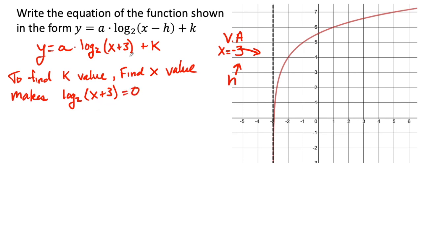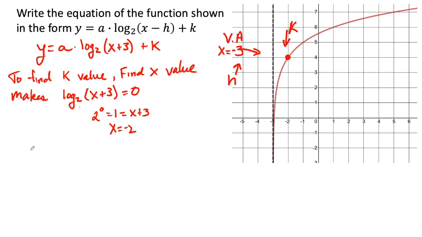Well, to figure this out, we know that 2 to the 0 equals 1. And so I know that has to be what my argument, x plus 3, equals. And so at x equals -2, I get my 0 value. And so if I look at the graph, I'm going to go to -2, and I'm going to find my k value, which is the y value right there.